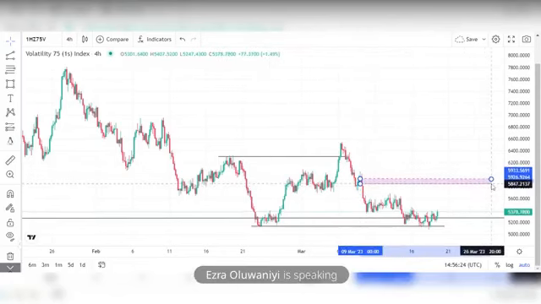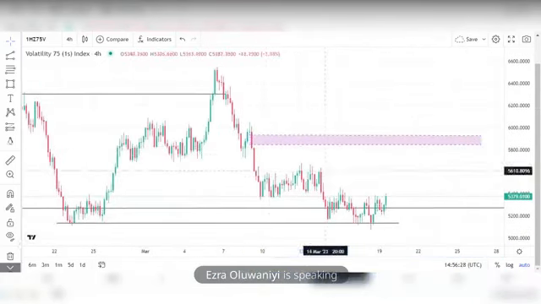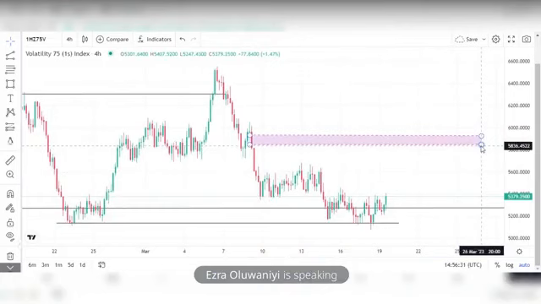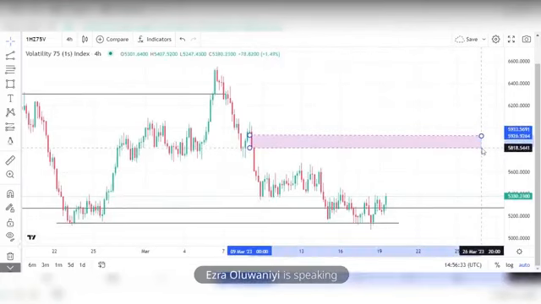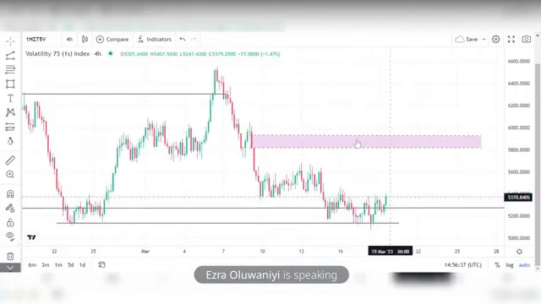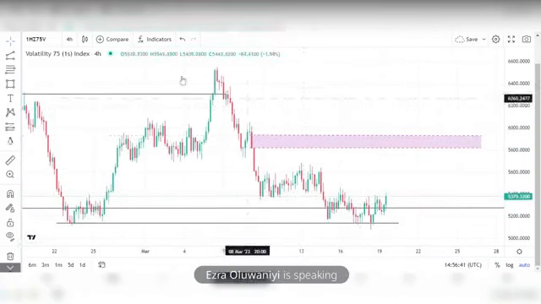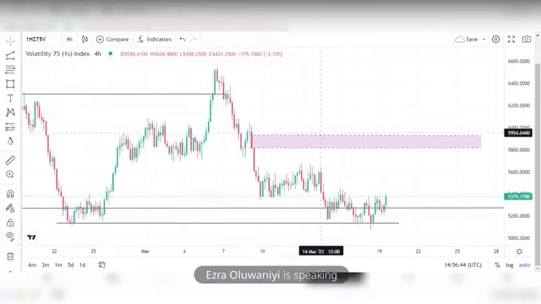For those that are selling based on H1, well, it's good, there's no problem, but price should come into this imbalance before it starts selling, at least at a minimum. So price should come into this imbalance, wait for confirmation around here, and then start selling. If price breaks this, then there's another imbalance above, okay?